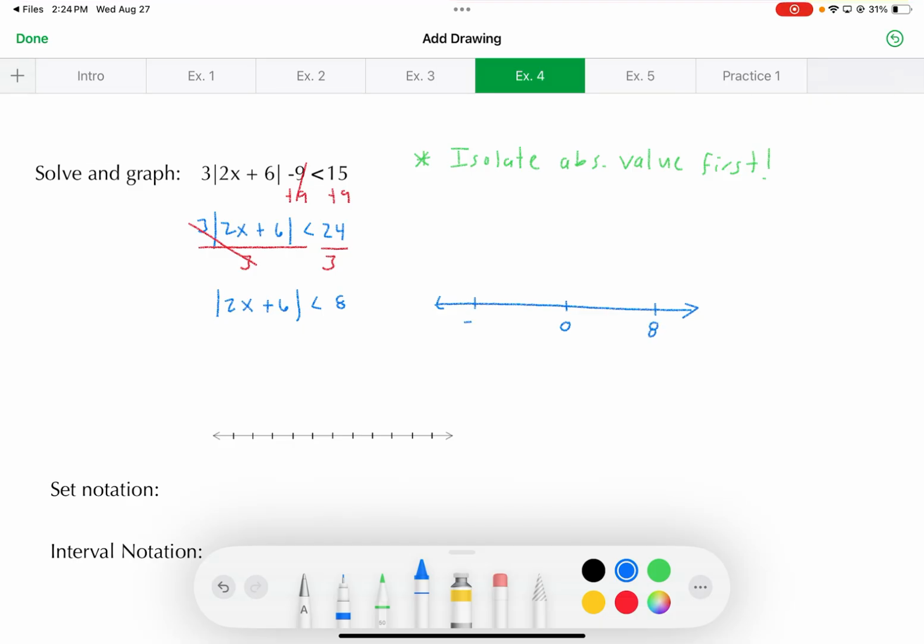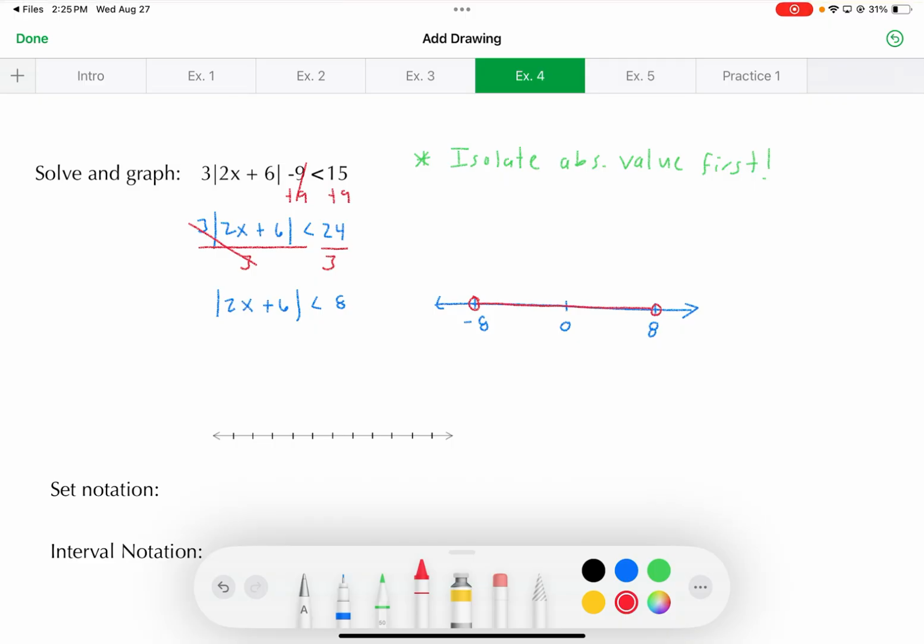Here's 8. Here's negative 8. We're exactly 8 units from 0 at those two numbers, right? But now we want to be less than 8 units from 0. So where on the number line does that place me? In between those values this time.